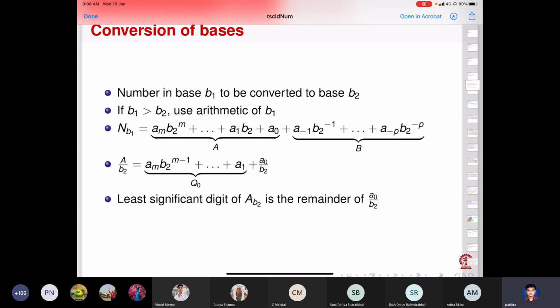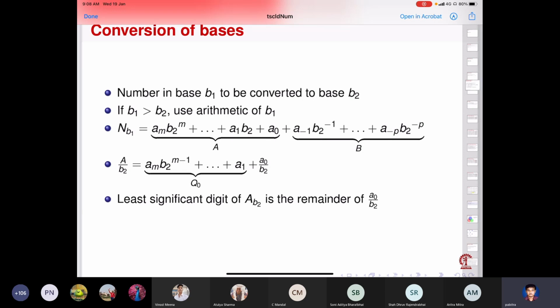You see that the coefficients we can again split into two parts. One part is Q0, which is AM with these weights reduced by 1. The power is reduced by 1.